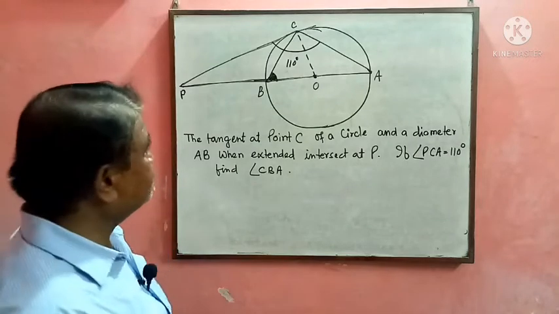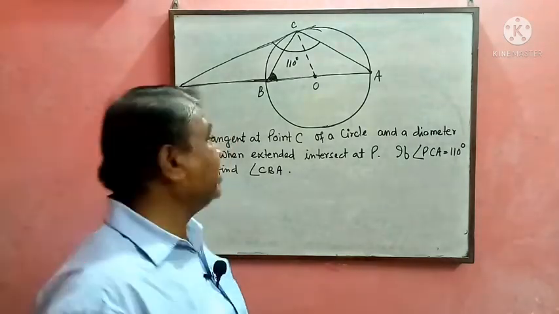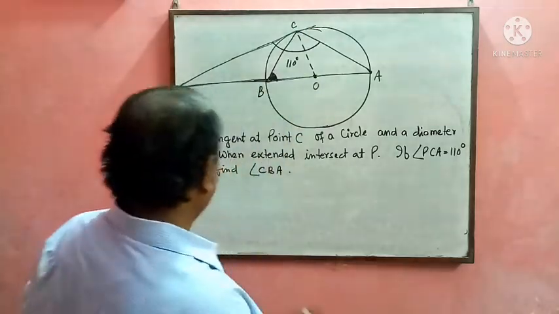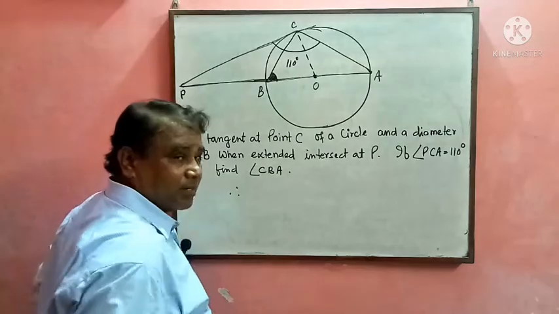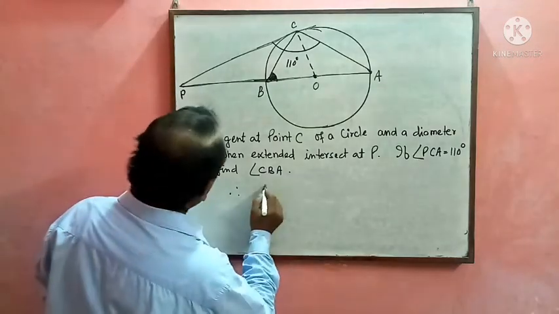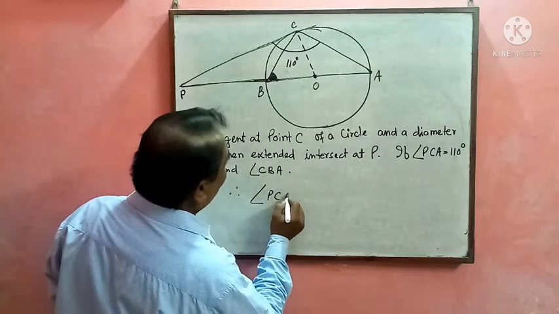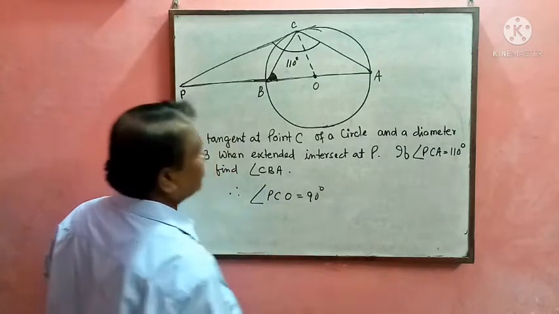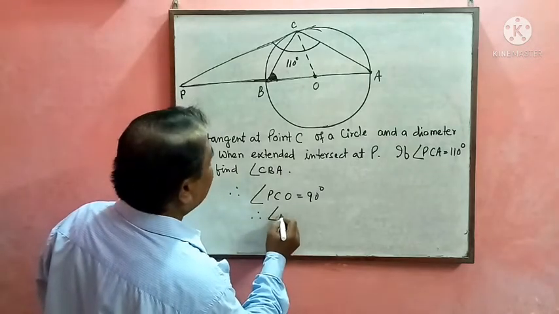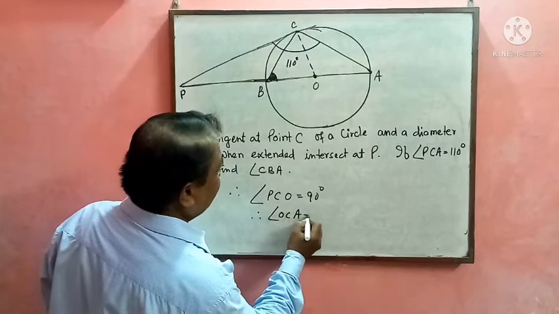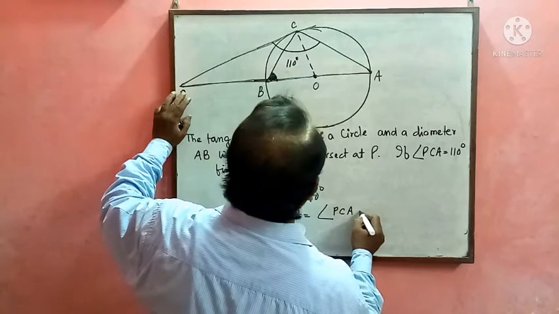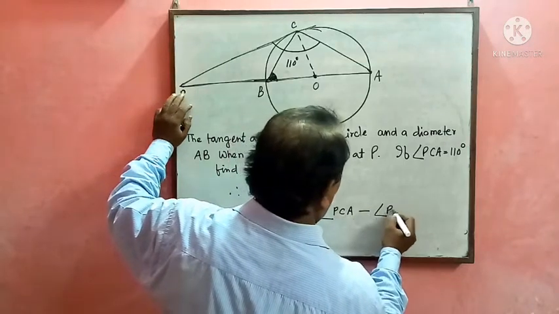First of all, here is a fundamental idea: when PC is a tangent and OC is a radius, the tangent always makes 90 degree with the radius. This is the fundamental idea. So PCO is 90 degree is known to us. Therefore, angle OCA is nothing but PCA minus PCO.